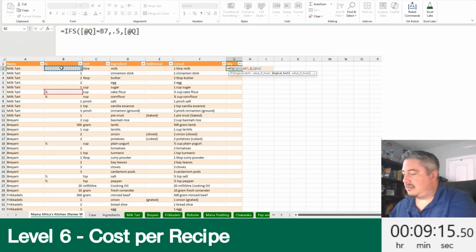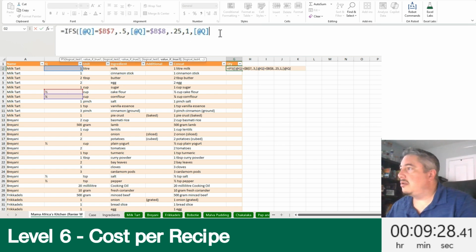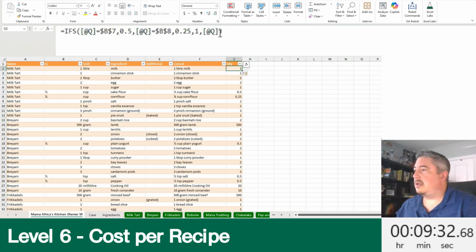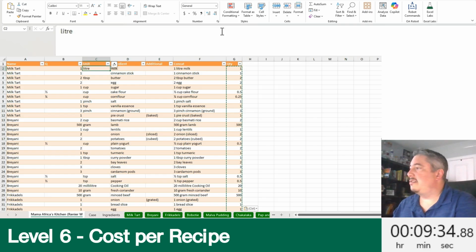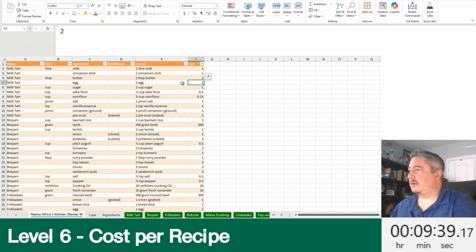Otherwise, if this equals B8, 0.25. Otherwise, give it another quantity. Okay, so that's good. Copy paste values. Get rid of this column. That's my quantity.